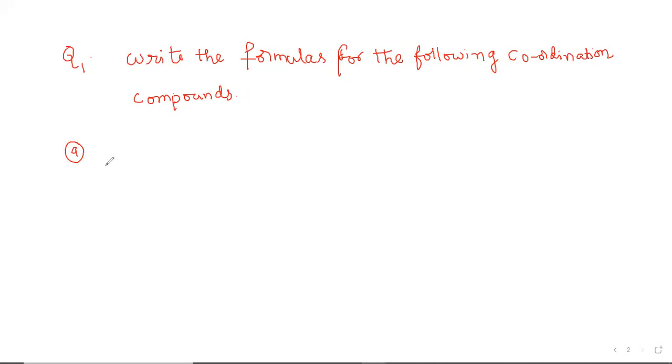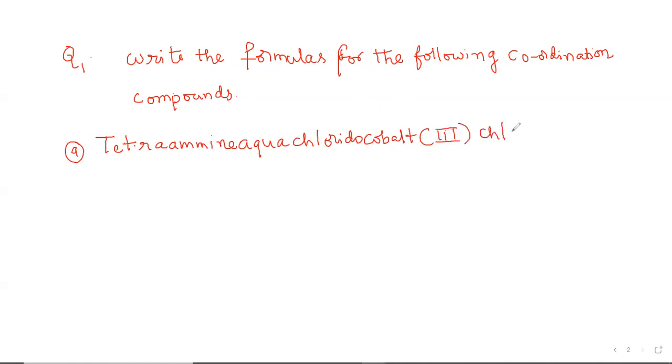So first, we will see what they are giving. The first one, the name they are giving is tetraamine aqua chlorido cobalt, and inside the parenthesis they are giving Roman 3, meaning oxidation state, cobalt(III) chloride.